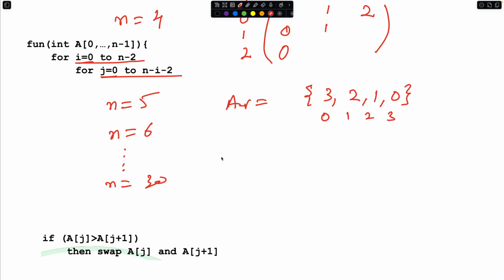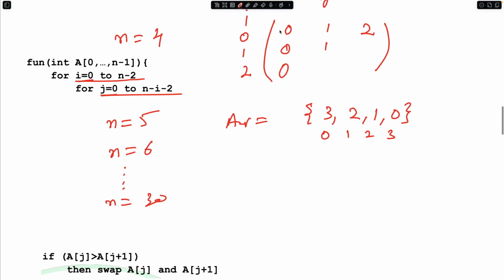So for j equal to 0, we are comparing the first 2 elements, and 3 is greater than 2. And this is happening because it was a descending order operation. The array was given in descending order. Every single comparison of j to j plus 1 is going to yield true, because that is the definition of descending order.